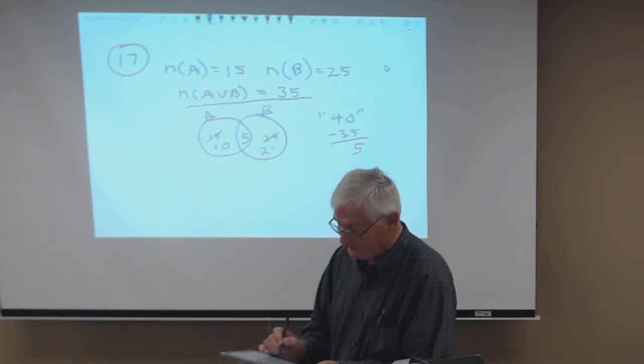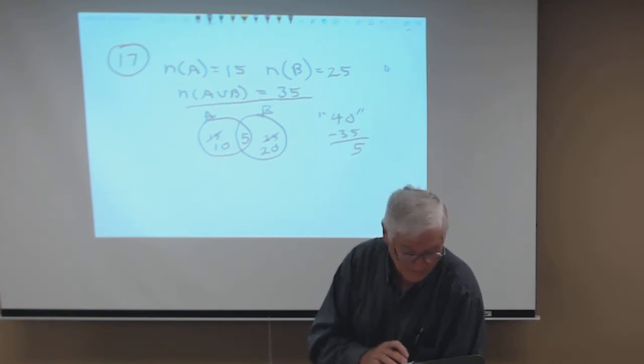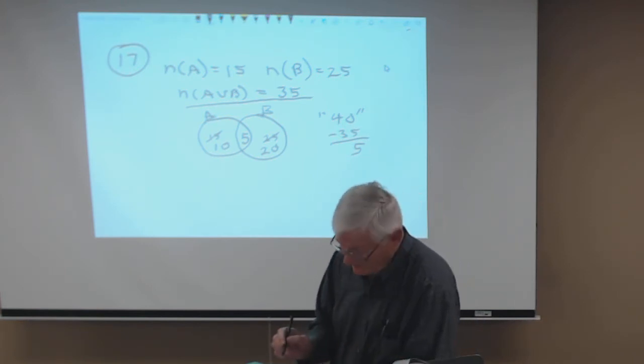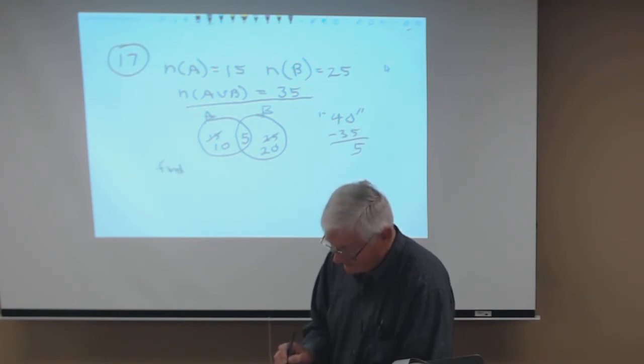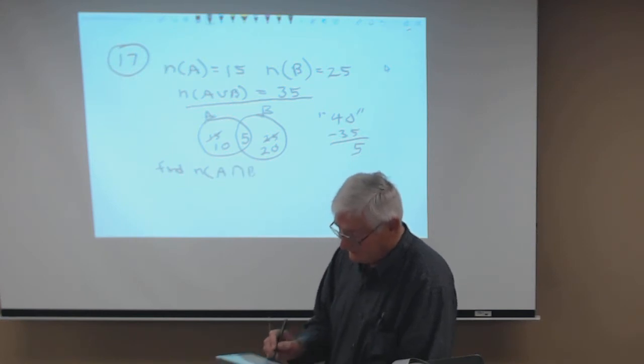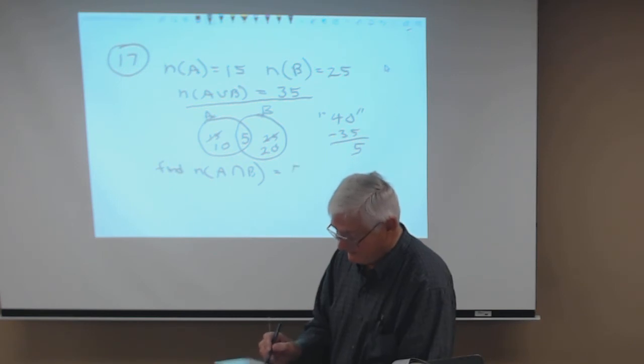And now, what's 10 plus 5 plus 20? 35. So now what do they want to know? Find the number of elements in A intersect B. What's the answer? Where do the two intersect? 5.